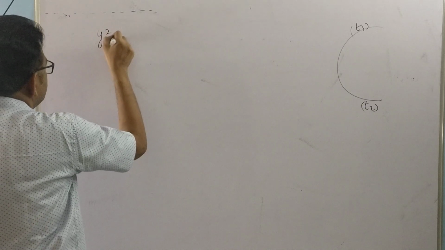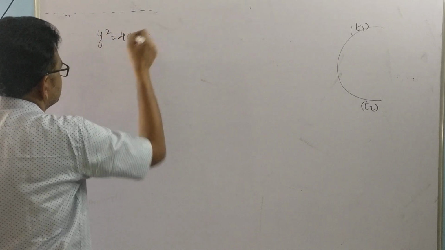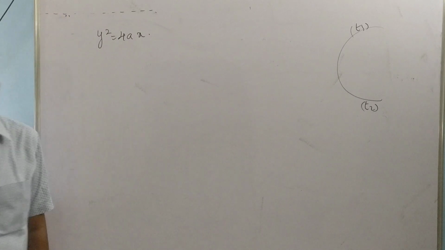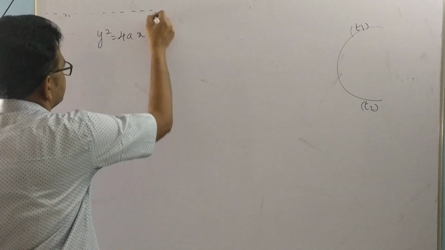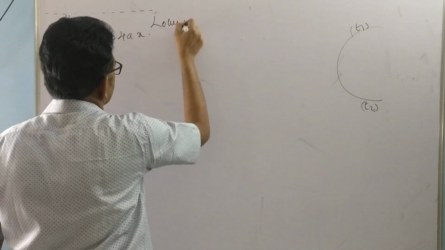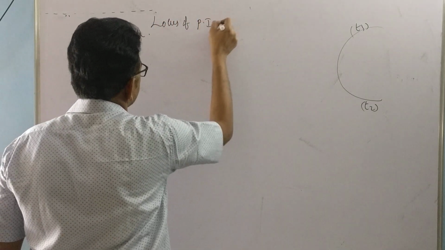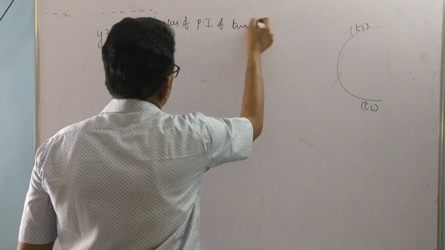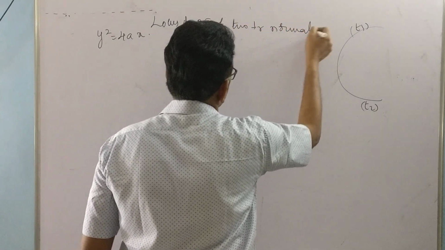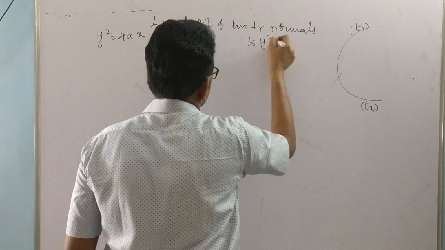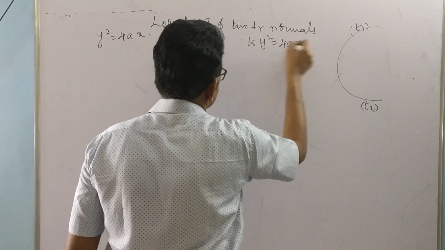Here y square is equal to 4ax, the locus of point of intersection of two perpendicular normals to the parabola y square equal to 4ax is.